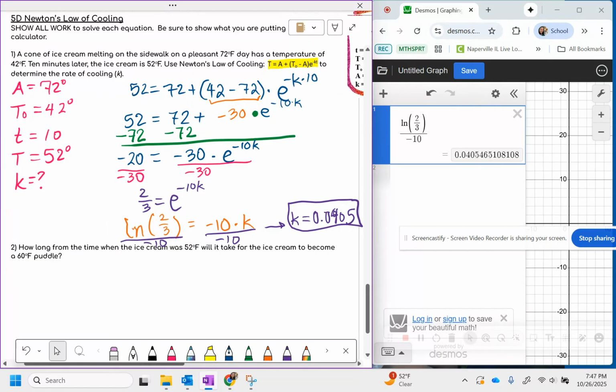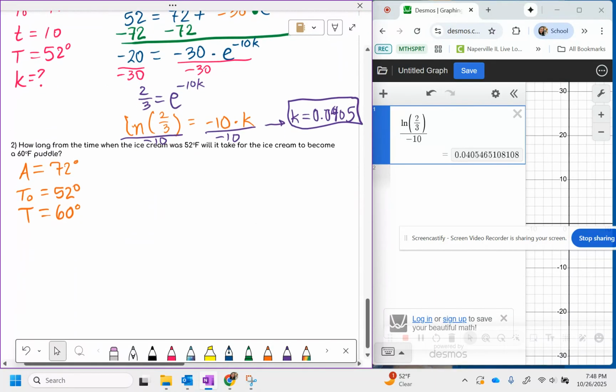So how long from a time when the ice cream was 52 degrees will it take for it to become a 60-degree puddle? So I'm going to rewrite the ambient temperature, etc. So the ambient temperature has not changed. That is still 72 degrees. The original temperature now is 52 degrees. The new temperature is 60 degrees.